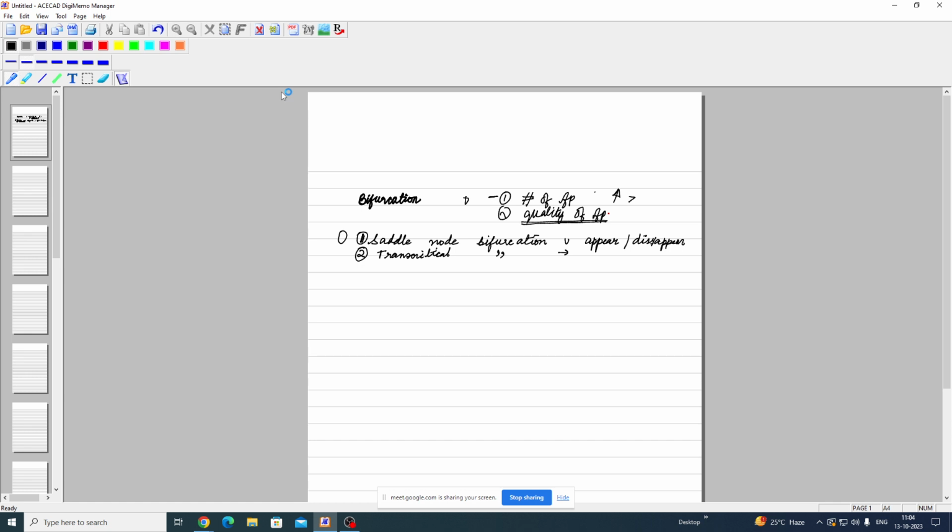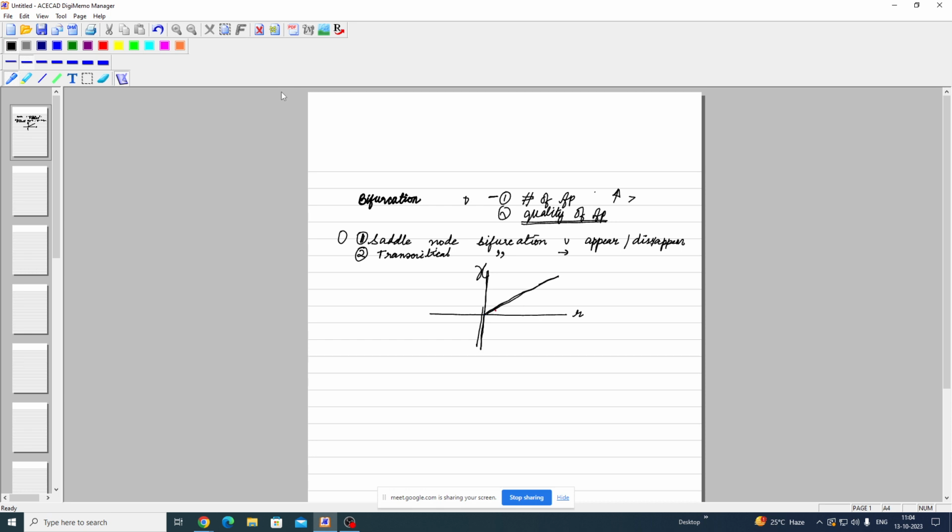So, for example, let's say this is the x-axis. Here we have fixed points on the y-axis and we have a parameter r on the x-axis. Let's say when r is positive, we have two fixed points, and one fixed point follows a line and it's a stable fixed point.